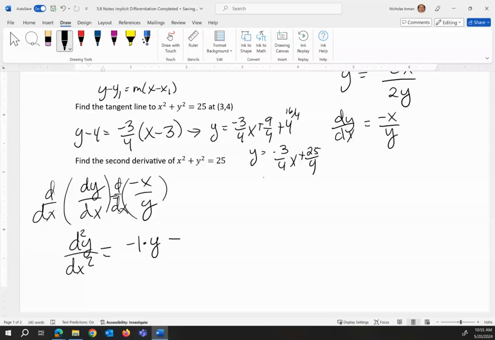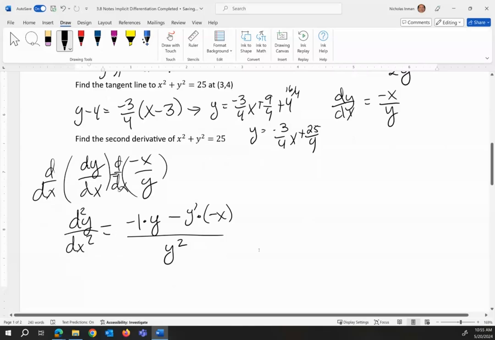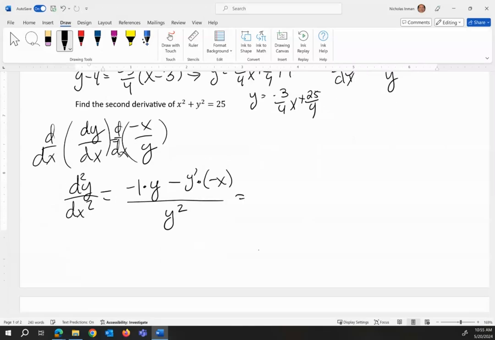The bottom's a y, so that's like a y prime, times the top left alone, over the bottom squared. All right, great. So we have this as our derivative. We can simplify this a little bit. Negative y minus a negative x would be plus y prime x over y squared.